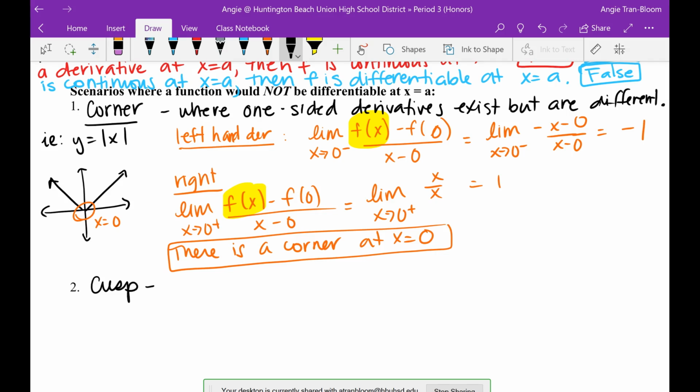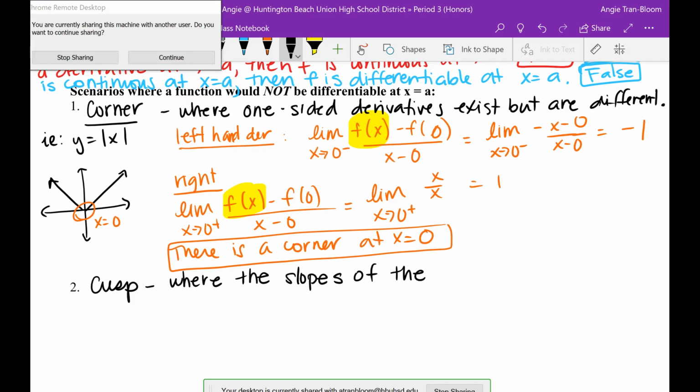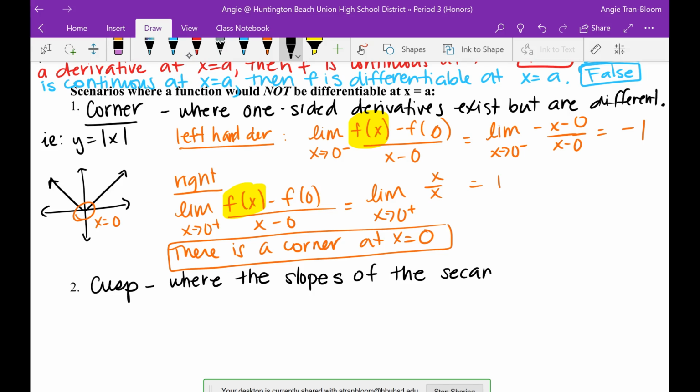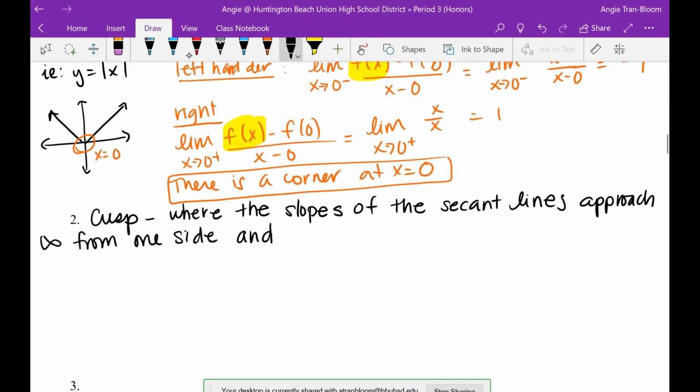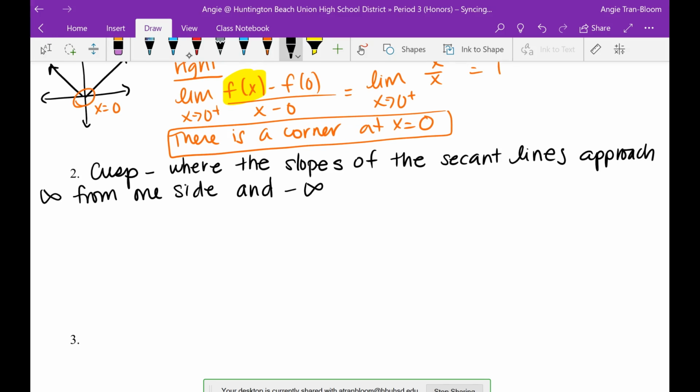A cusp is where the slopes of the secant lines approach infinity from one side and negative infinity from the other side, or vice versa.